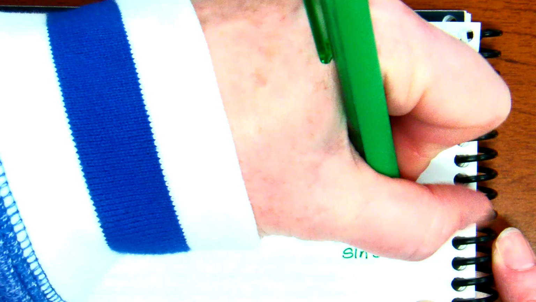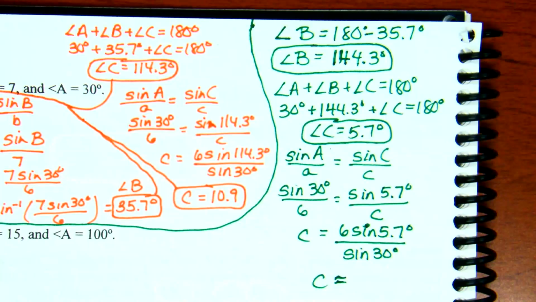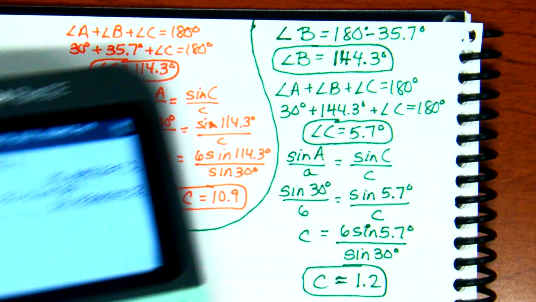Do your cross products. C times sine of 30 degrees equals 6 sine of 5.7 degrees. And then I can divide over the sine of 30 degrees. And C should be small, yes? 1 point what? 2? That's what I have written down.